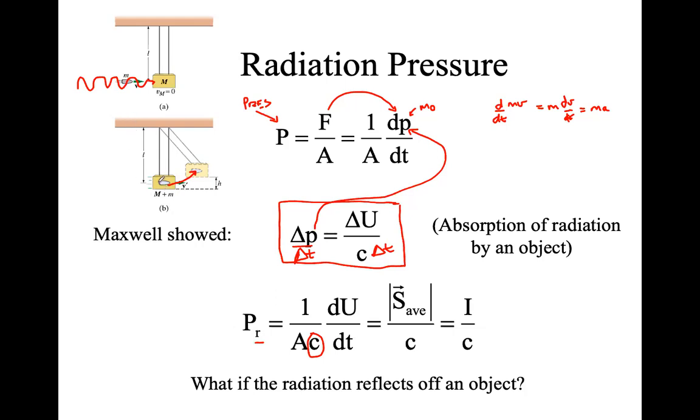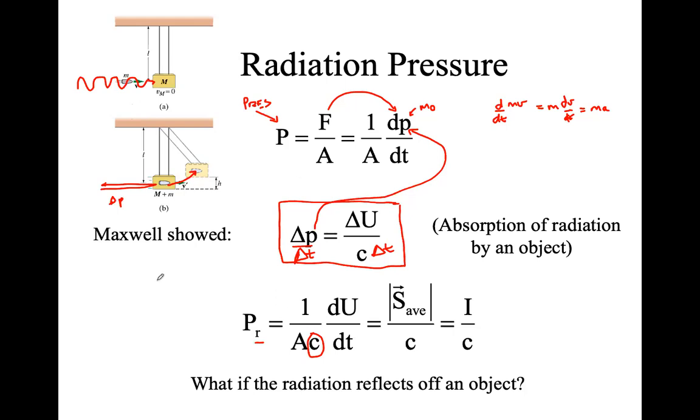What would happen to this guy if, instead of embedding in the mass, the bullet came in and bounced back? The change in momentum here would be twice as big as if it just got absorbed, just got sucked up and stuck into the mass. Well, if the change in momentum goes up by a factor of 2, the force goes up by a factor of 2, and the pressure goes up by a factor of 2.